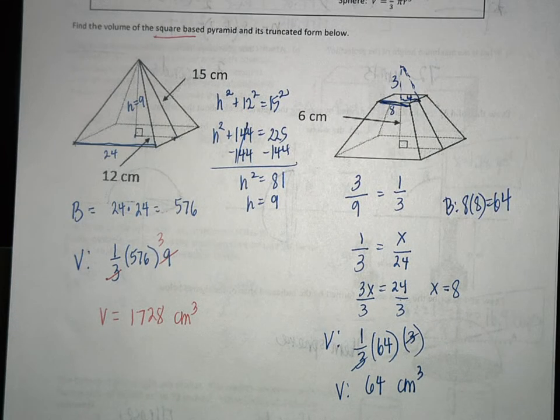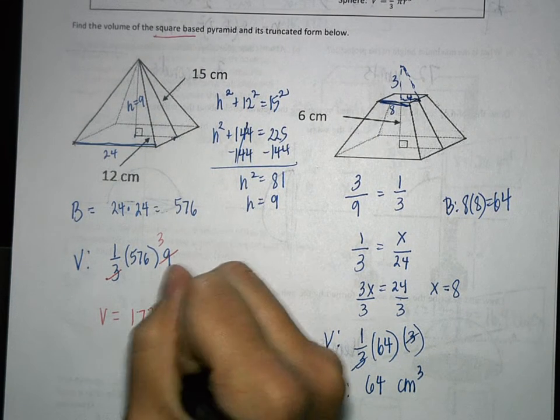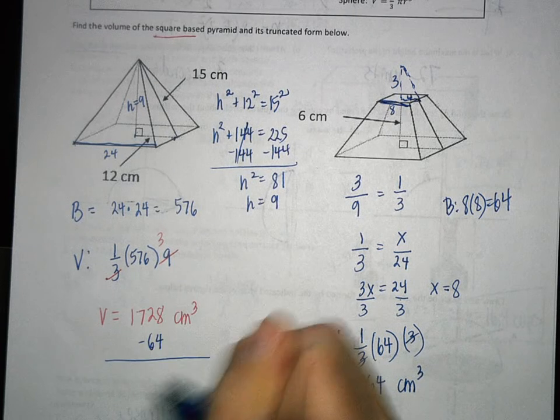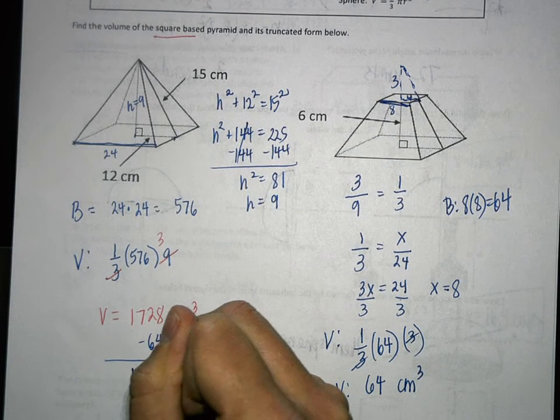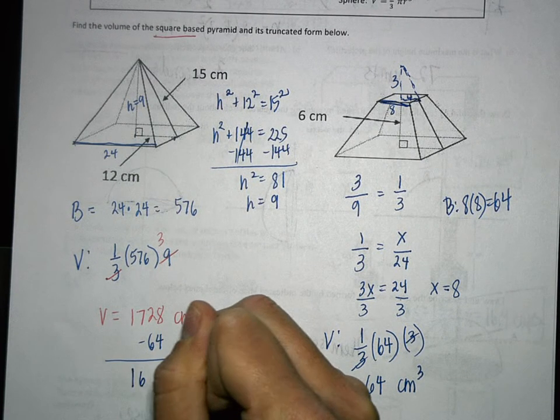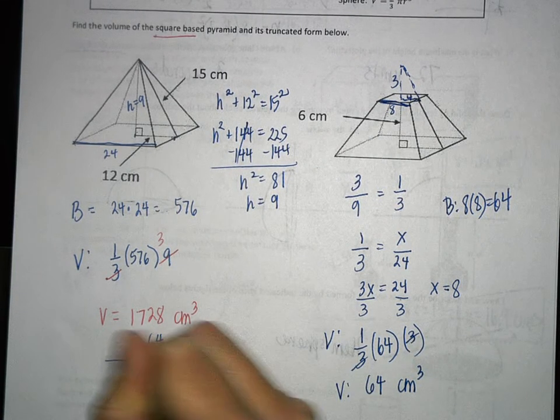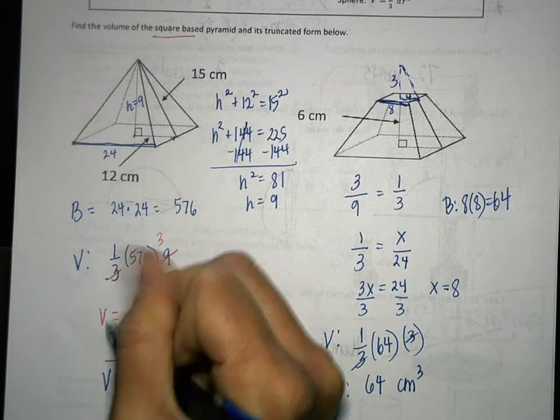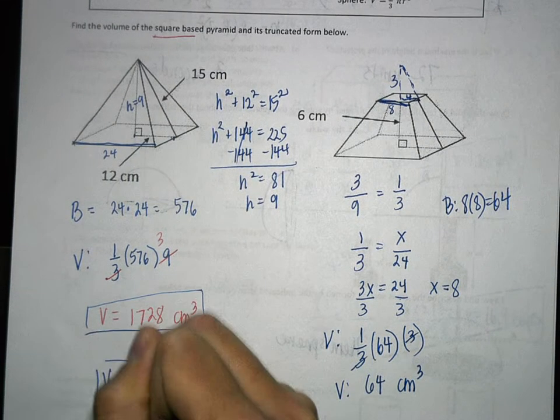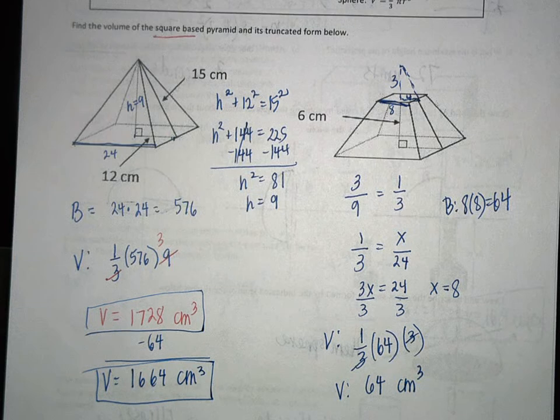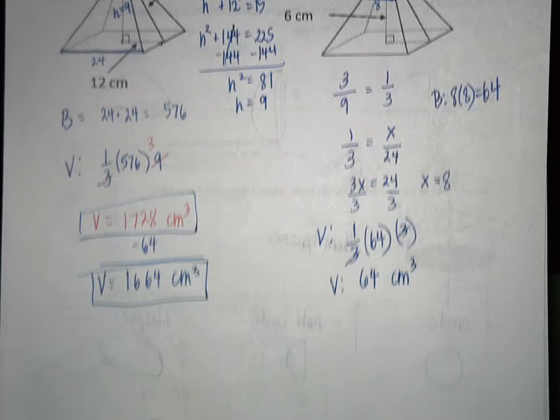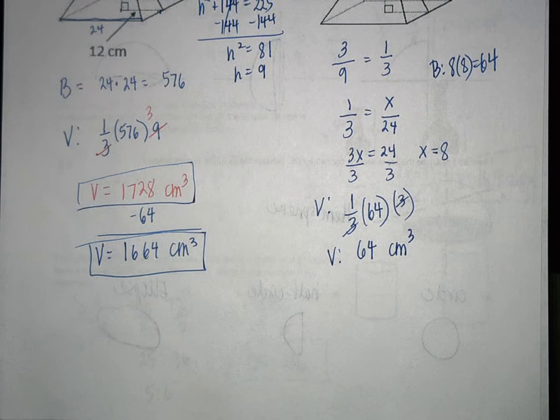And so we subtract 64 from here, and we get 1,664 centimeters cubed, which is the volume of the truncated form. Okay, any questions? Yes. Any other questions?